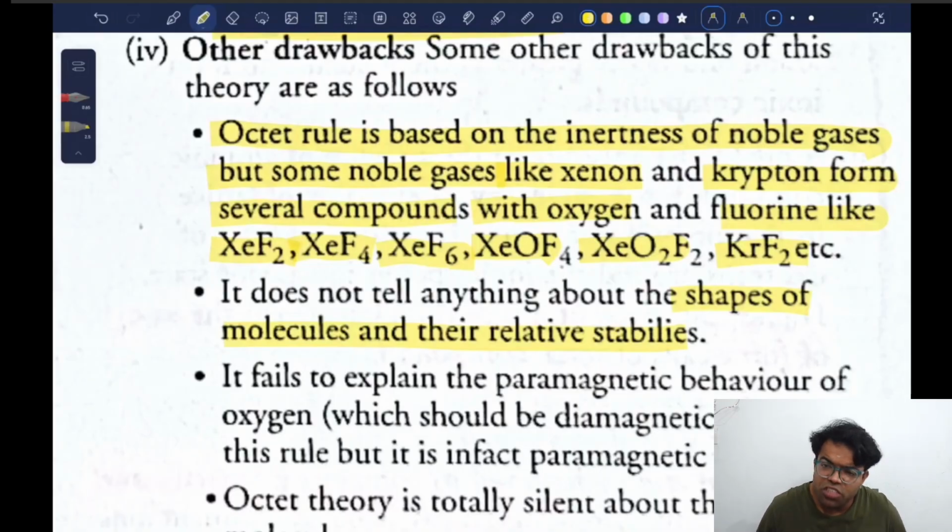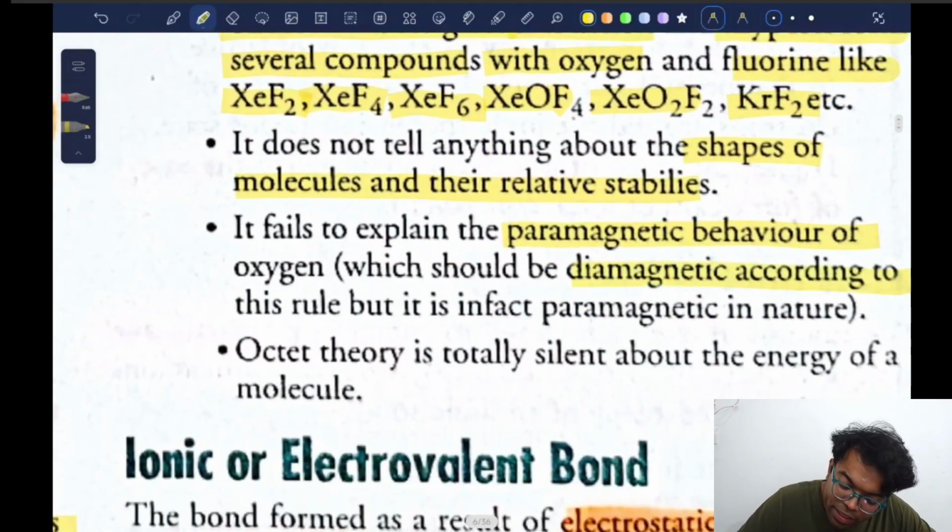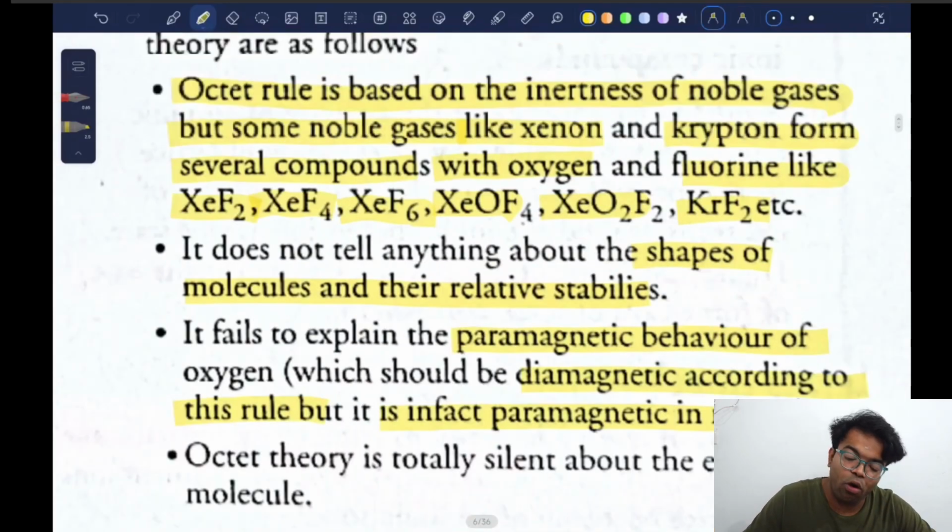And also, just by looking at this two-dimensional structure, you cannot guess whether the structure is going to be stable or not. Understood? It fails to explain the paramagnetic behavior of oxygen, which should be diamagnetic according to this rule, but is in fact paramagnetic in nature.